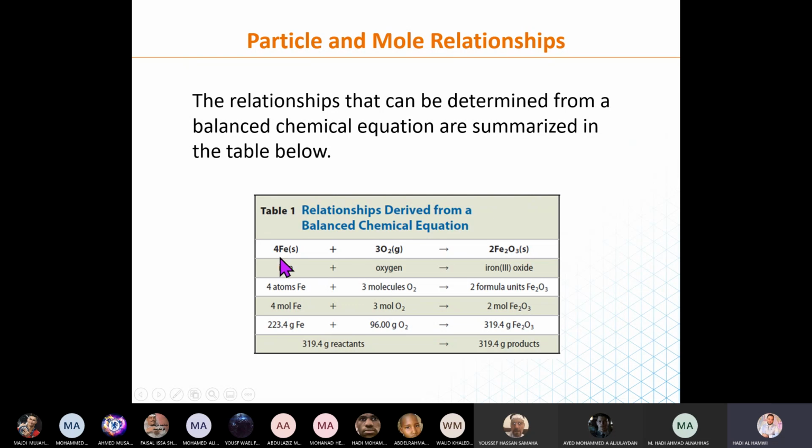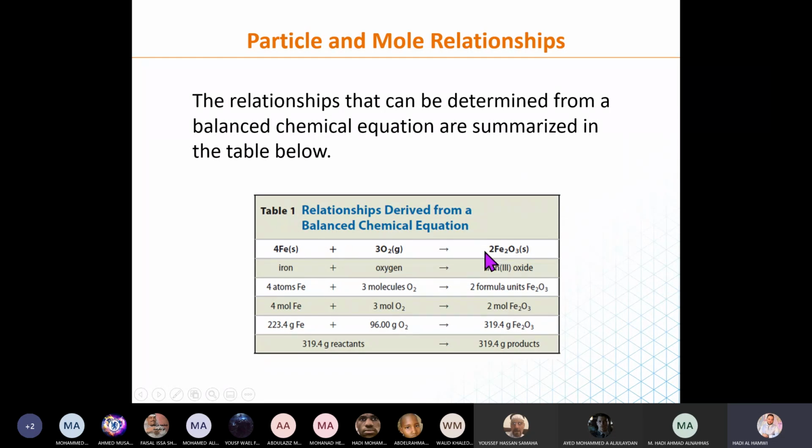So we can say I have 4 atoms of iron, 3 molecules of oxygen, and 2 formula units of Fe2O3. Or I can relate them according to the number of moles. So here, for example, we have 4 moles, here 3 moles, and here 2 moles. So 4, 3, and 2 moles.